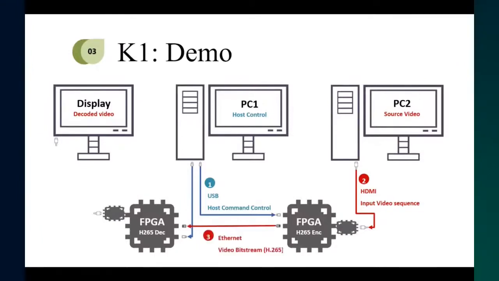The first FPGA does the H.265 encoding, and the encoded bitstream is transmitted by Ethernet, and the other FPGA board receives the bitstream to do the decoding.